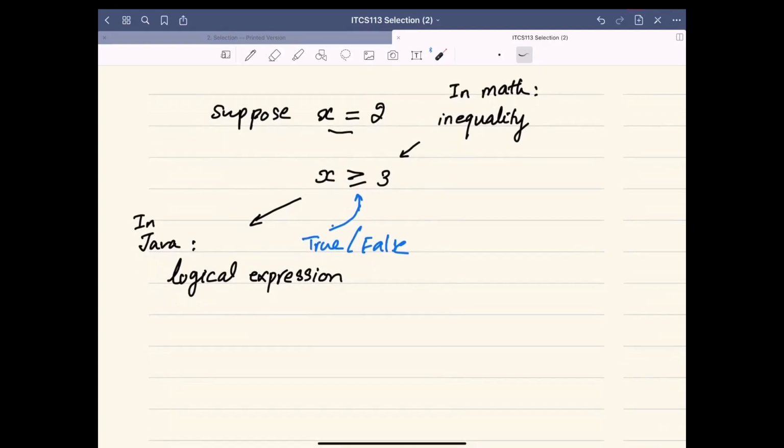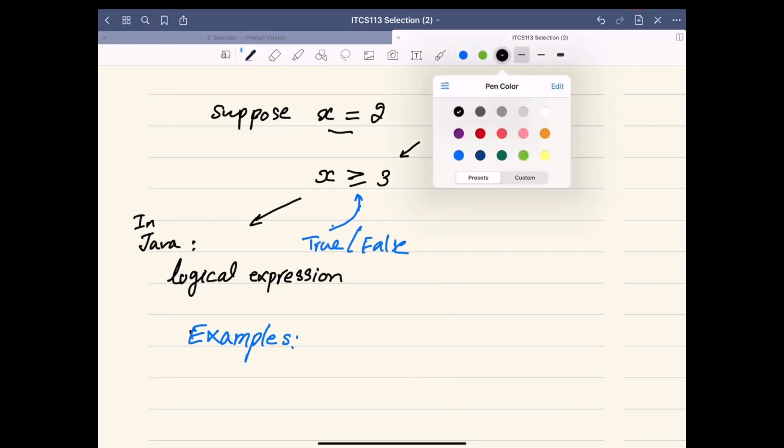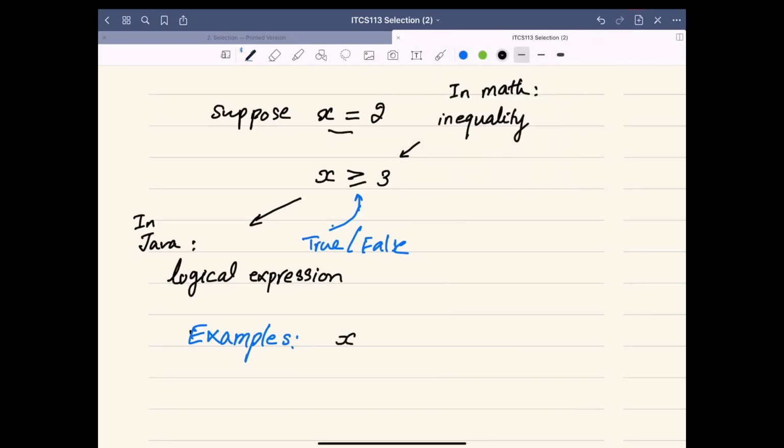We will take some examples. If we write in mathematics, for example, x greater than or equal to 3, how do we convert it into Java? This is math and this is in Java. On the keyboard we have the symbol greater than, but we don't have the symbol for greater than or equal.